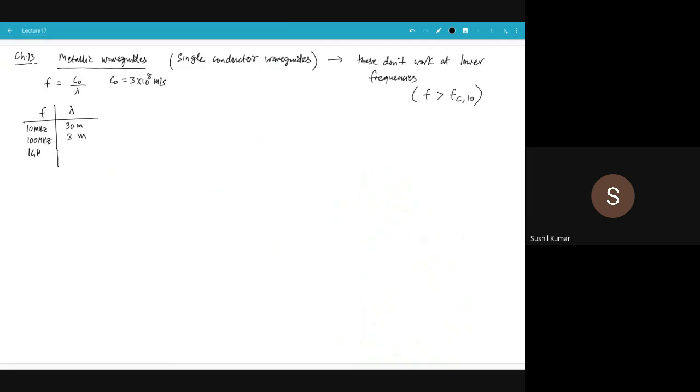And 1 gigahertz is 30 centimeters, 10 gigahertz, 3 centimeters. All these are pretty large wavelengths.